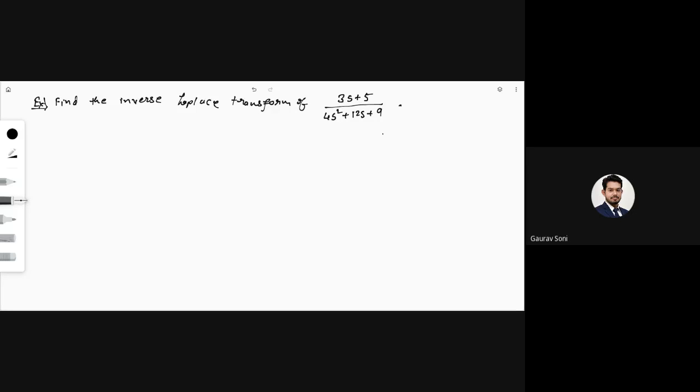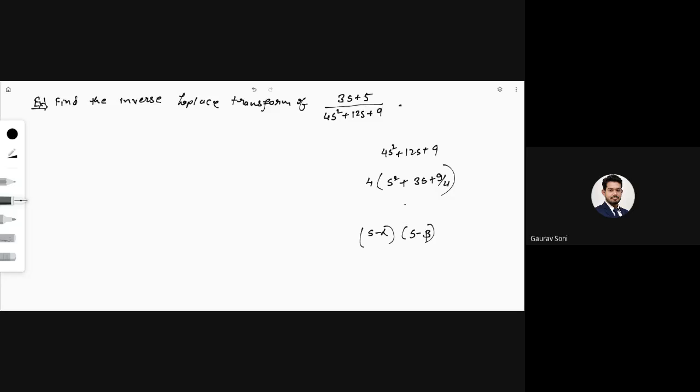So in this case, if you look at the denominator, 4s square plus 12s plus 9, you cannot factorize this. You take 4 common, in bracket you will have s square plus 3s plus 9 by 4. You cannot factorize the middle term in this case. I mean to say I cannot write it in the form s minus alpha, s minus beta.